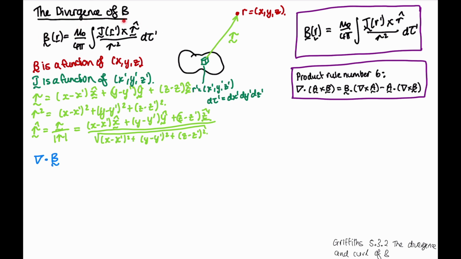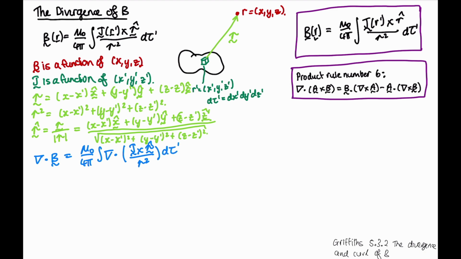Because mu naught and 4 pi are just constants, I can bring them out the front of my divergence. And so I can put my divergence just inside this integral here. So we can write this out as mu naught over 4 pi times the integral of the divergence of J cross r hat over r squared d tau.